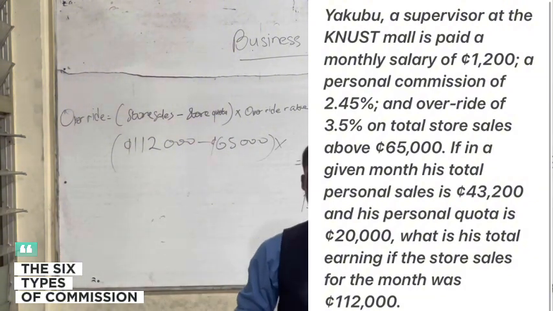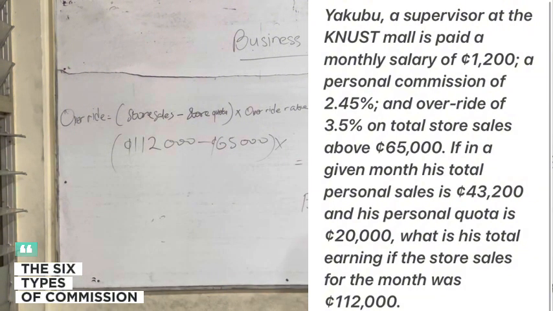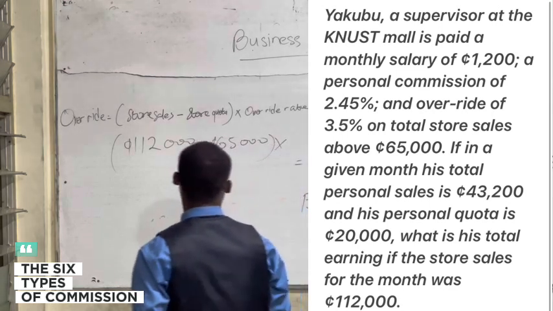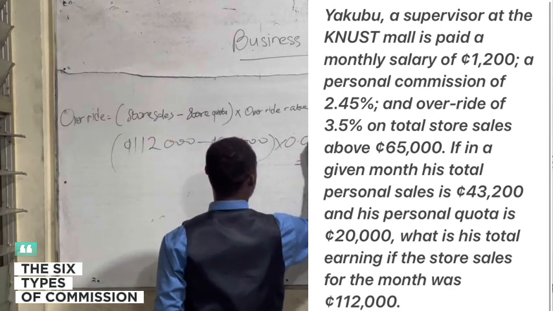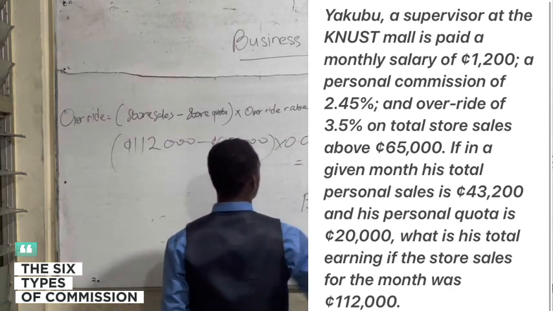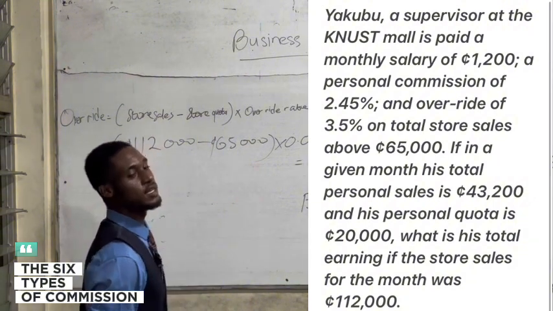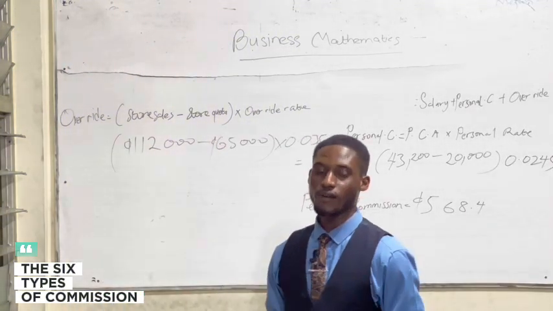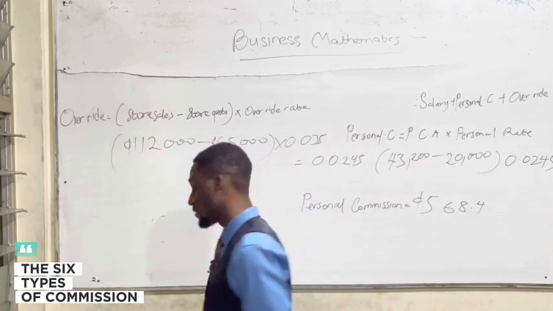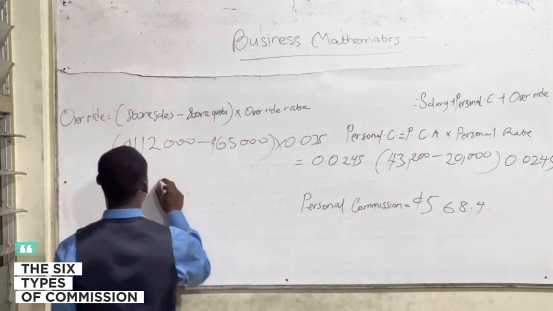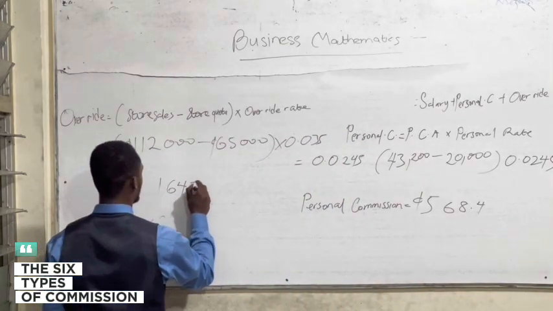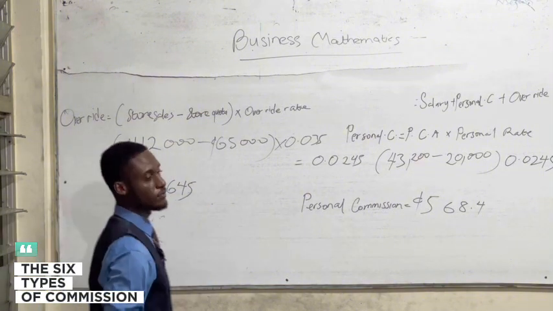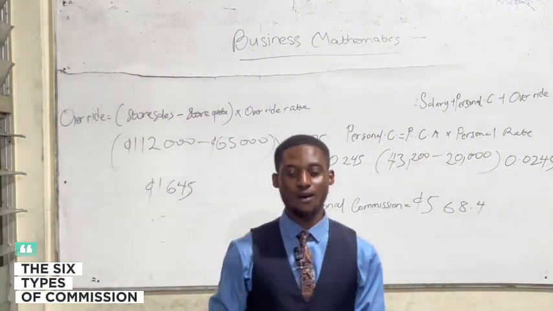And the override rate has been given as 0.035. So the answer for override will be 1,645. So now we have our override.